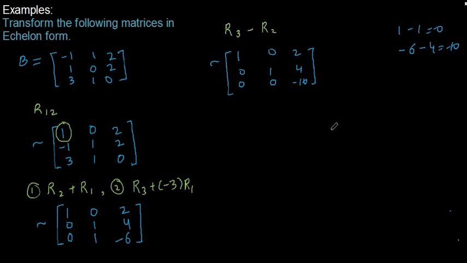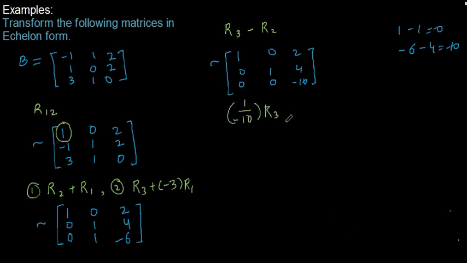Now we see that we have two pivot elements, and below these pivot elements, in the same column, we have zeros. So now in the third row, that is a non-zero row, the first non-zero number is minus 10. Now we have to transform this minus 10 to 1. There is only one possibility, because that is the last row, and in that we can apply the operation of multiplying by a number to get this to 1.